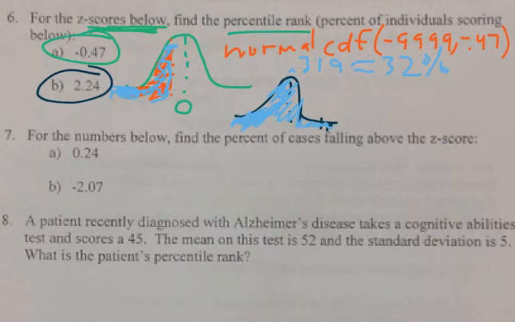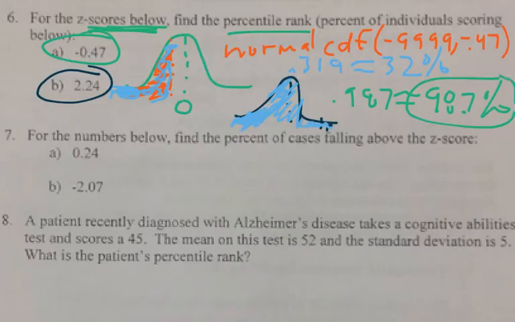And hopefully you agree that makes sense, because I almost had my whole curve shaded in, right? So 0.987, of course, equates to approximately 98.7%.